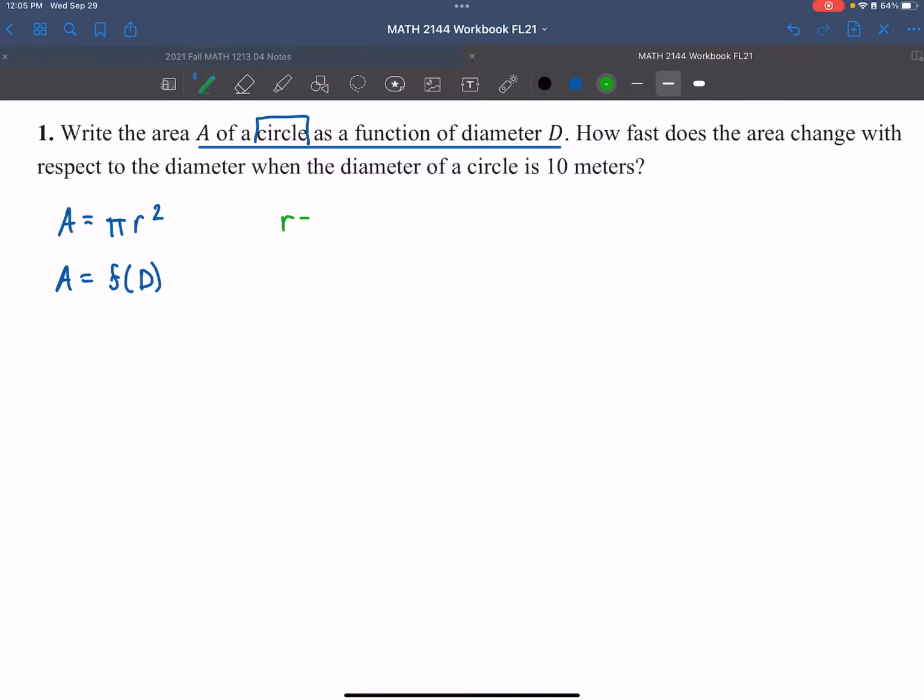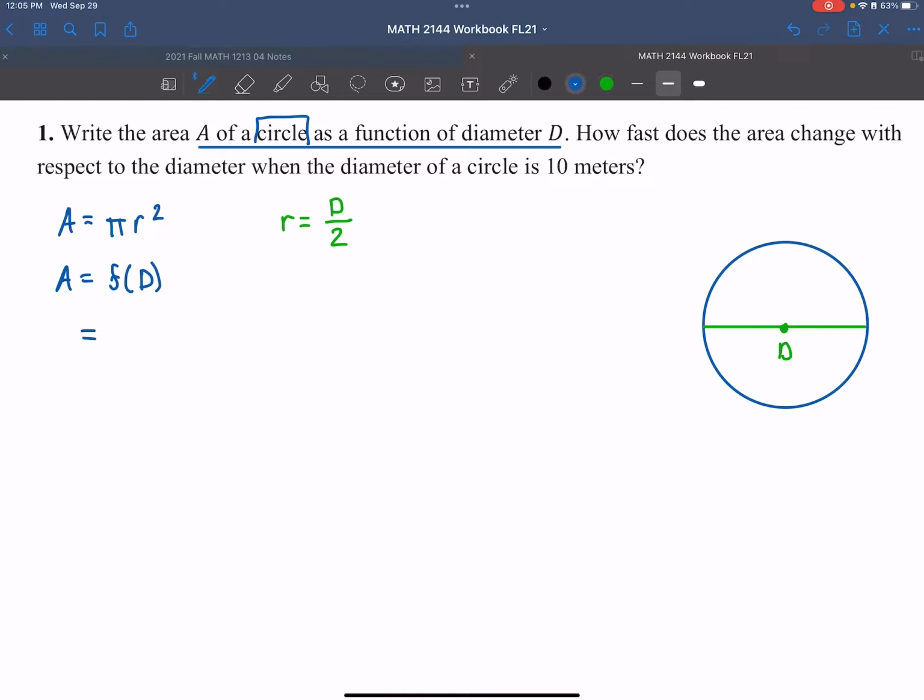Namely, that the radius is simply going to be half of the diameter. And that's, again, just the general relationship. If you considered some circle, let's go ahead and just kind of give us a context right here. We have this circle. We want to go ahead and consider the diameter of the circle right there. So let's say this is the center, and that whole distance right there is the diameter.